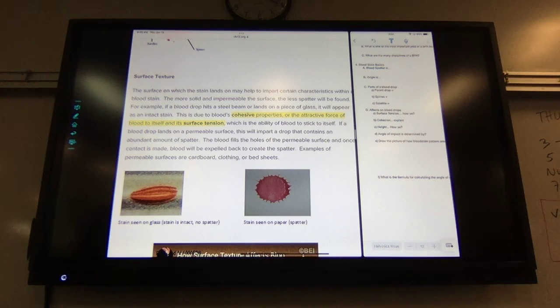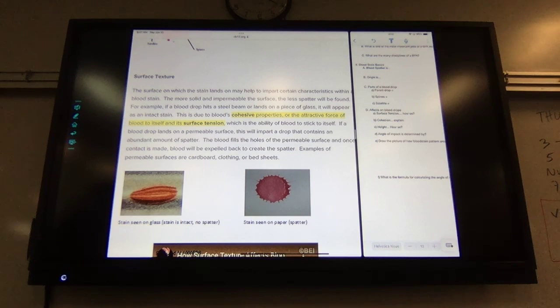In biology class, we talk a lot about water, and water has amazing properties, and blood is about 50% plasma, which is a watery solution, and so it's got the properties of water, which is cohesion. Water sticks to itself because of van der Waals forces. Remember that from chemistry class?